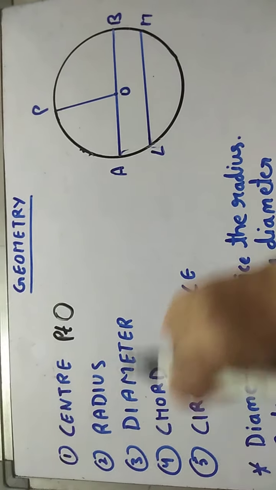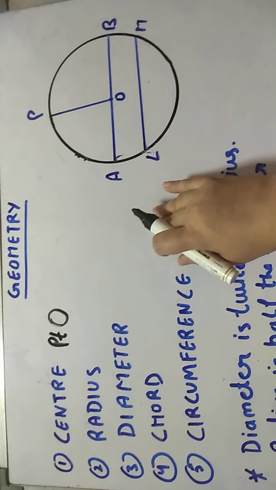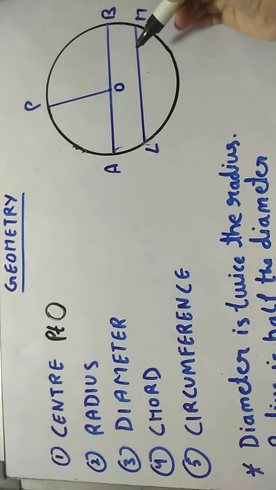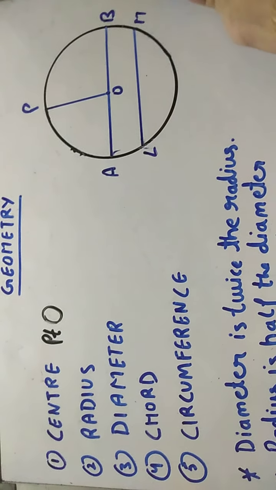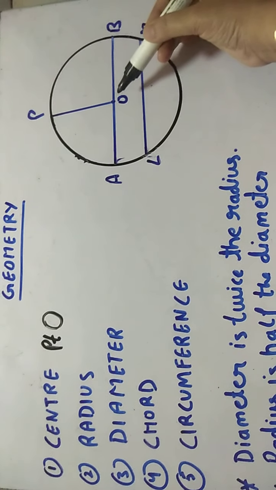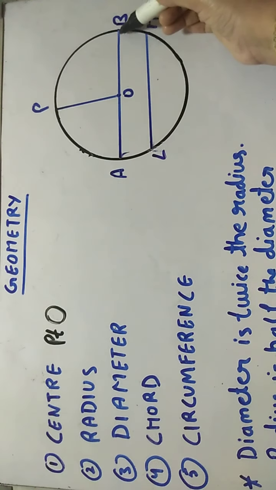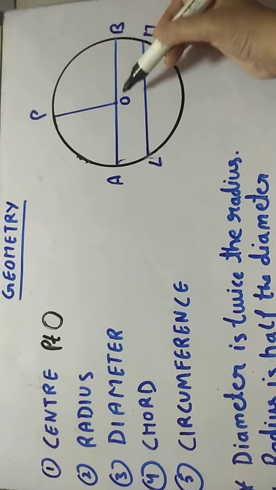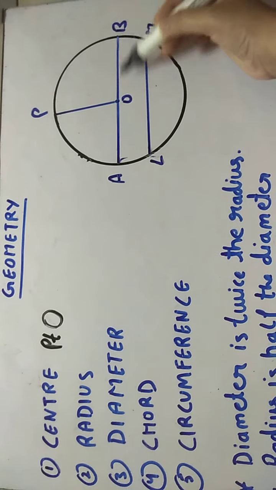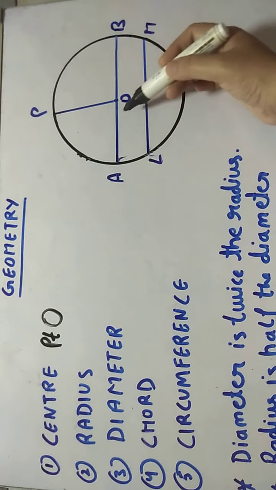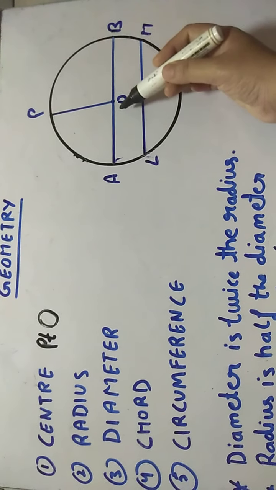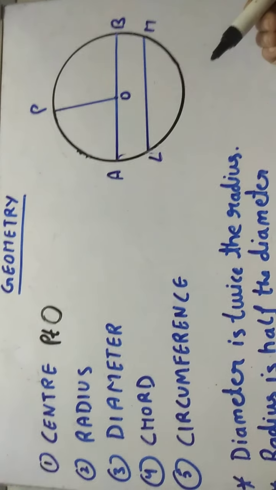Now let us come to the second definition, which is radius. Radius is that line segment which is formed when we join a point on the circle with the center. Like if I join OB, that OB will be the radius. If I join OA, OA is the radius, OP is the radius.